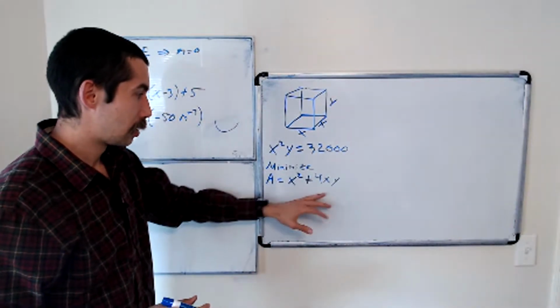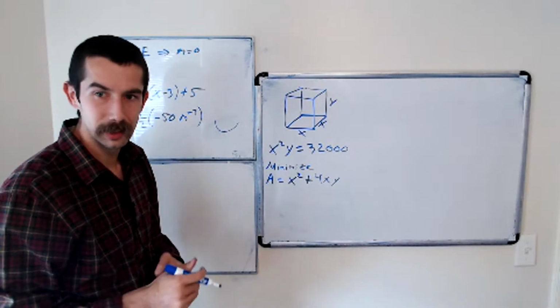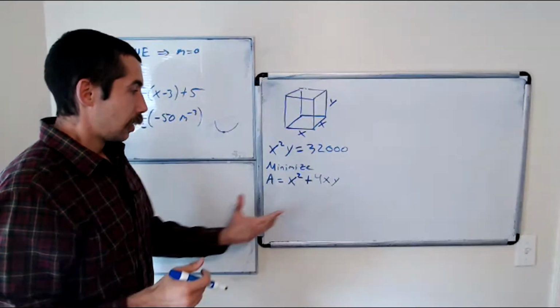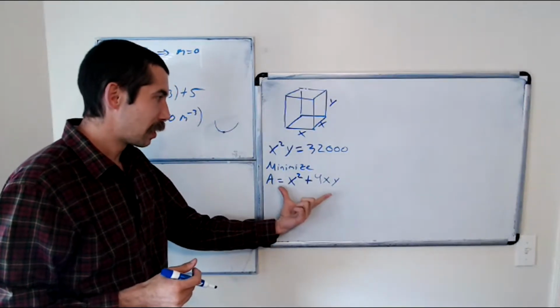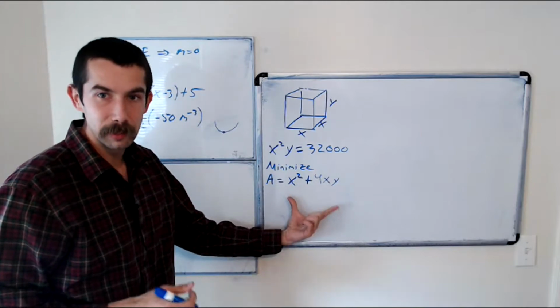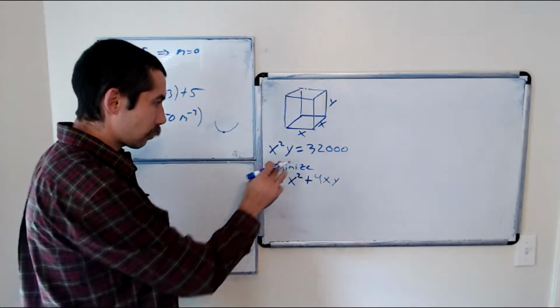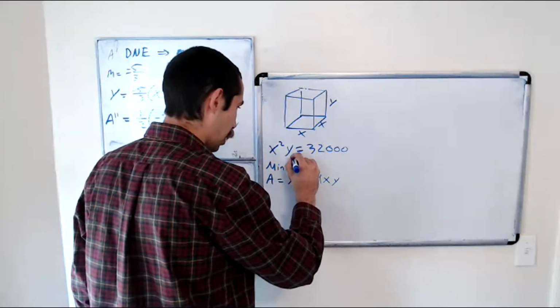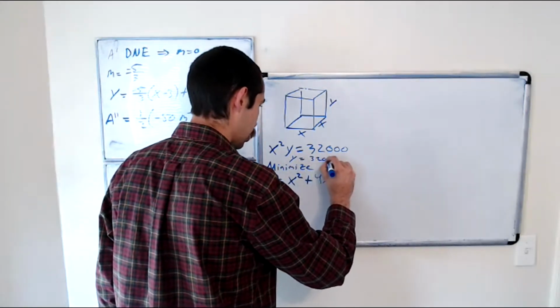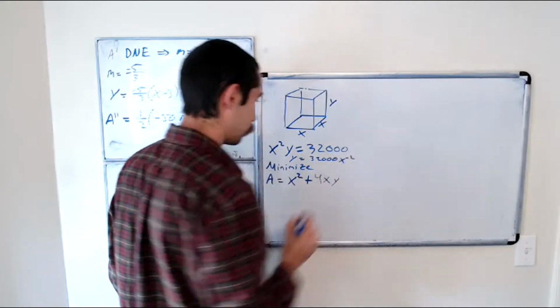So here is our surface area equation. And so we want to minimize this. So how do we minimize it? We need to eliminate one of the variables and then take the derivative, set it equal to 0. Right? So let's solve for y. So y is equal to 32,000 x to the negative 2.